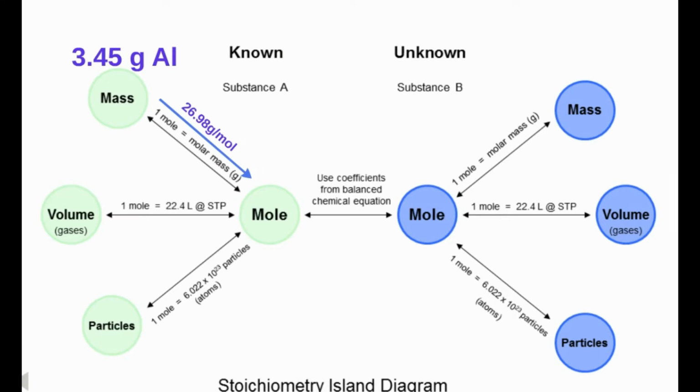Every 2 moles of aluminum will give us 2 moles of that. So which one of these two has to go on the bottom? It does matter which one. 2 moles of aluminum. Because 1 mole of aluminum is right here. 2 moles of aluminum will give you 2 moles of aluminum chloride. But you're not done. Yeah, that'll give you aluminum chloride, but they want it in grams.